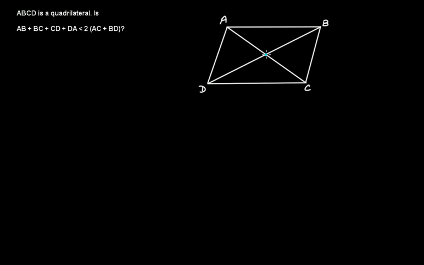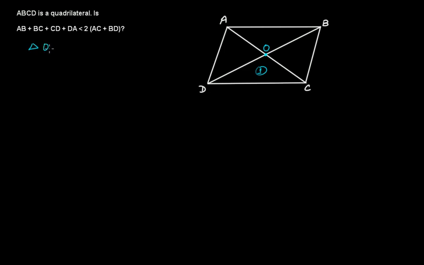Suppose this is point O where the two diagonals are intersecting. Listen very carefully and watch it. This is the intersection point of these two diagonals. If I focus on this triangle, let's say this is the first triangle, triangle ODC or OCD.